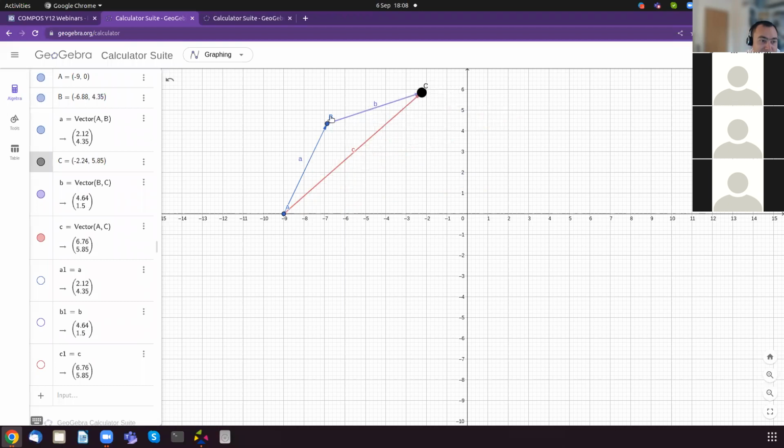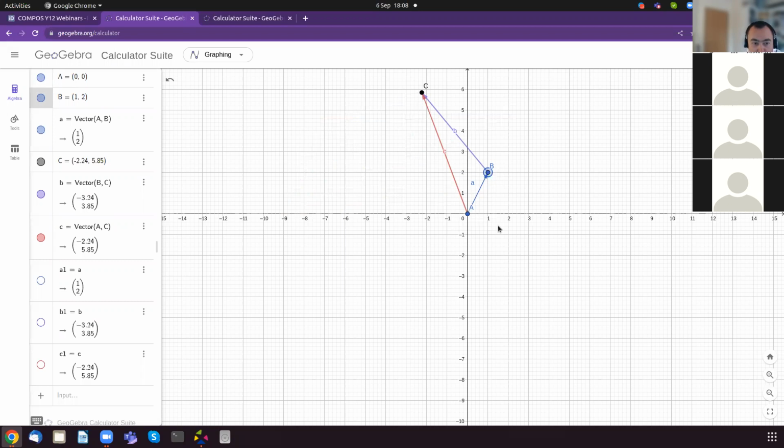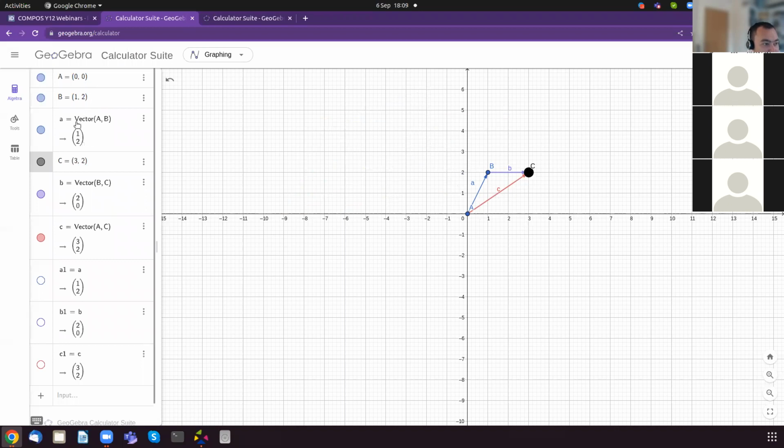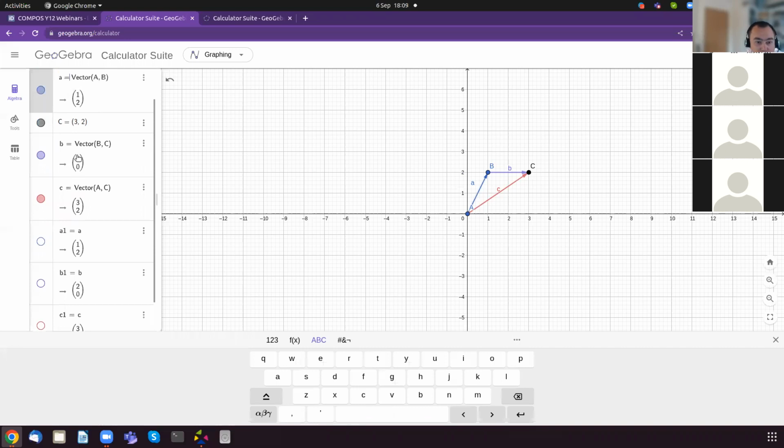For instance, I can make vector A go from 0 to 1, 2. So A is 1, 2. B is 2, 0. And the resulting vector is 3, 2. So vector A is 1, 2, vector B is 2, 0, and vector C is 3, 2.